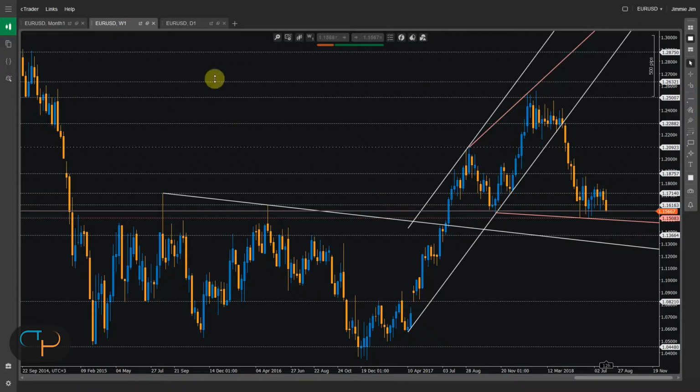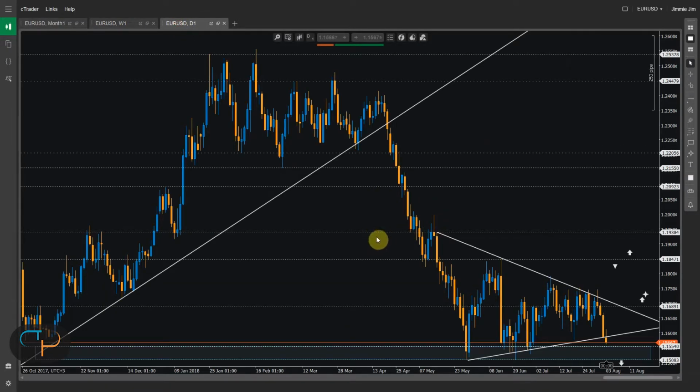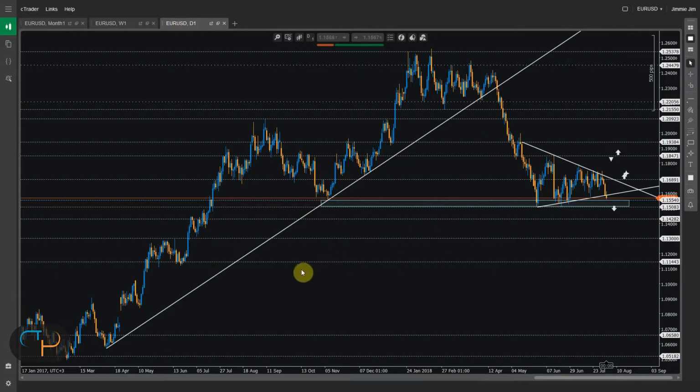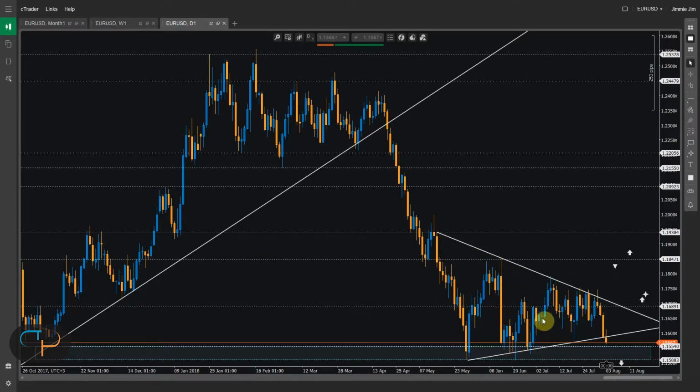Now let's switch to the daily chart. On the daily chart, the bias is also bearish, and that's because, as I said, I will not go into all of it, but again, this is an ascending trend with this bullish consolidation pattern here, which failed, giving way to this important downwards move, which is very confident in itself, and which led to this consolidation pattern, which looks like a symmetrical triangle.